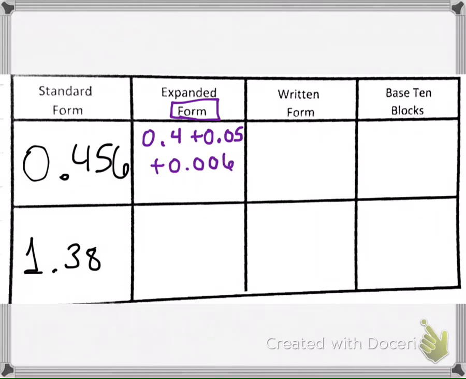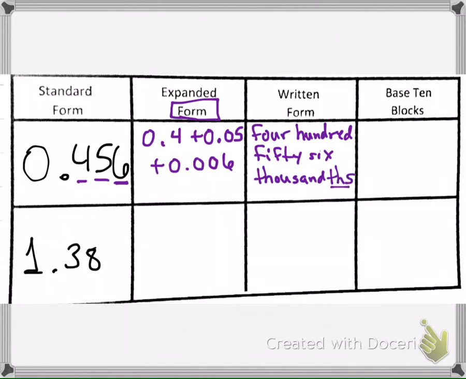The written form would be just how you say it, 456, and then we have to use the last place value, which in this case is the thousandths. So it's 456 thousandths, and that would be with the letters THS at the end.